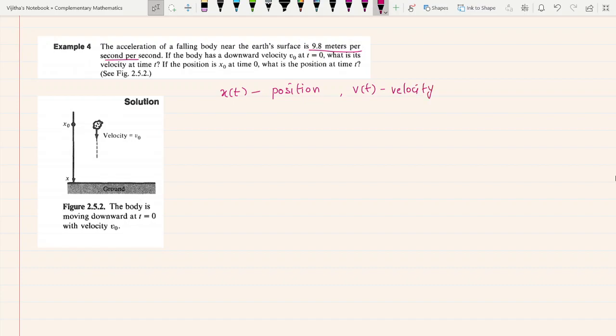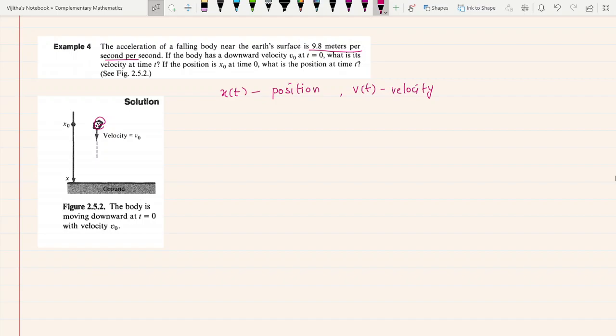You can see that this is the body, it is falling down, and its acceleration is given to be 9.8 meters per second squared, and the downward velocity is v0 at time t equal to 0. That is at the initial position. When time t is 0, its velocity is v0.